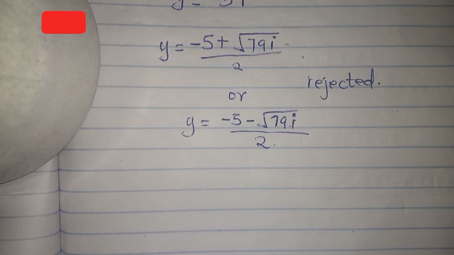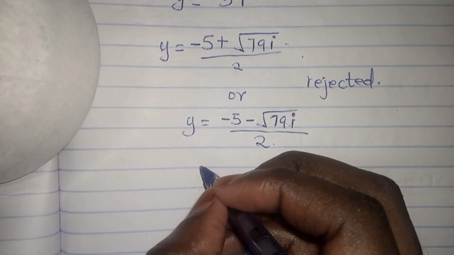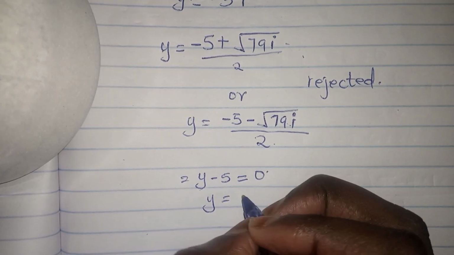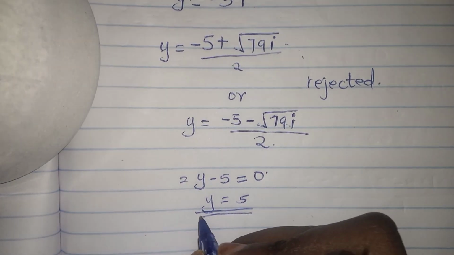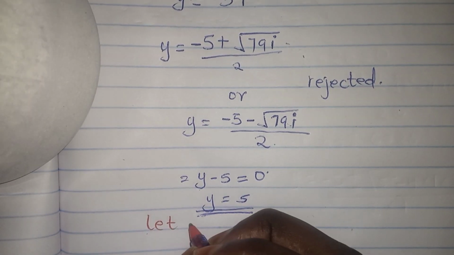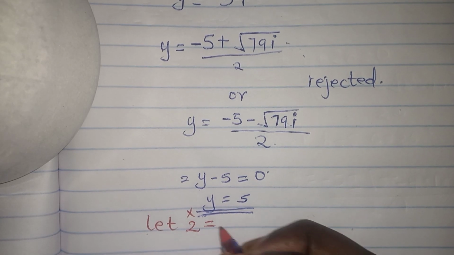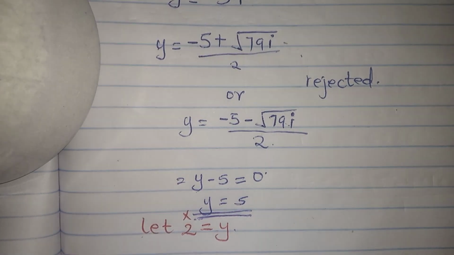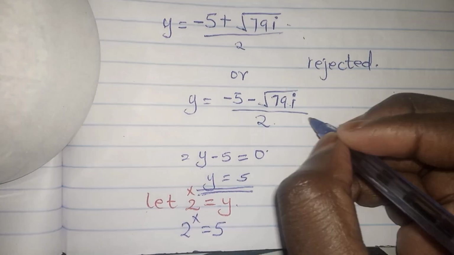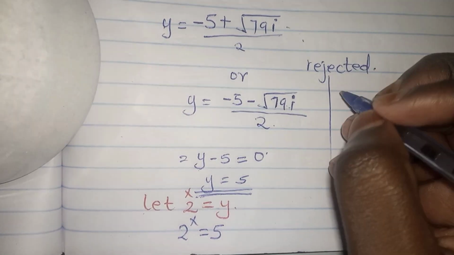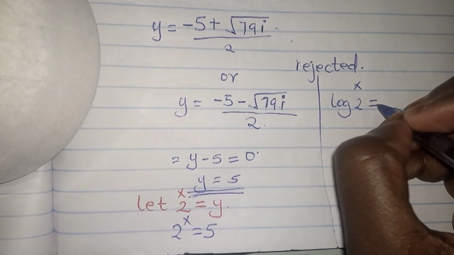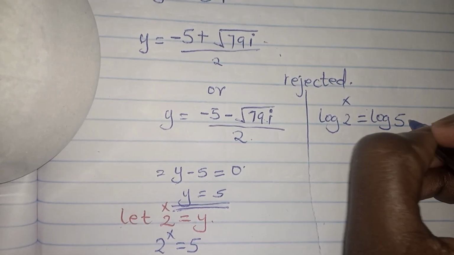And remember, we had gotten y minus 5 is equal to 0, so y is equal to 5. So this was our true value of y, and we had said let 2 to the power of x be y. So 2 to the power of x is equal to 5. So I will introduce logs on both sides. Log 2 to the power of x is equal to log 5.